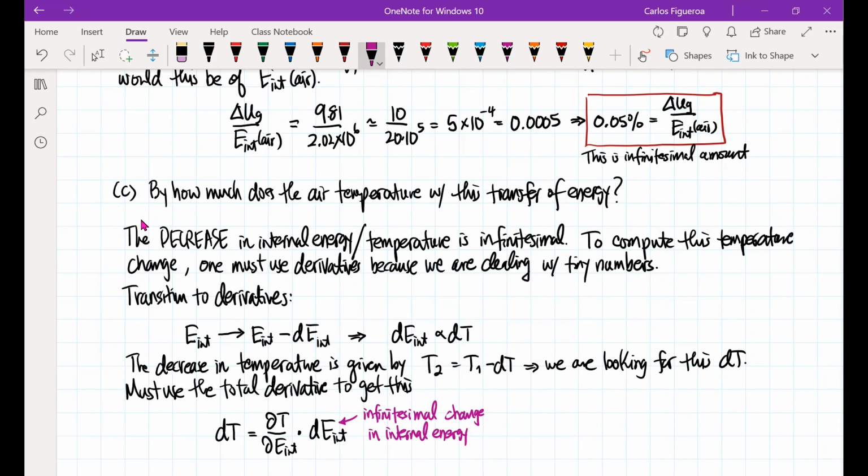But we know what that is, because the change of the internal energy must be what it lost to gravitational potential. So in this case, it's minus 10 joules, right? So this is telling me how much was transferred to the ball.